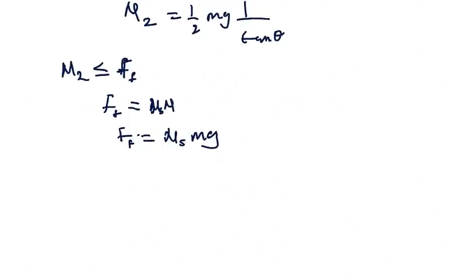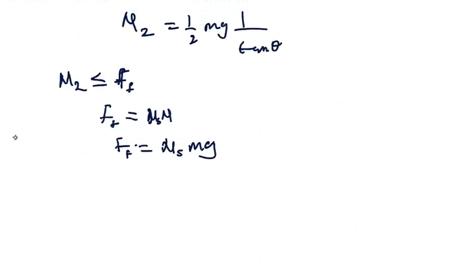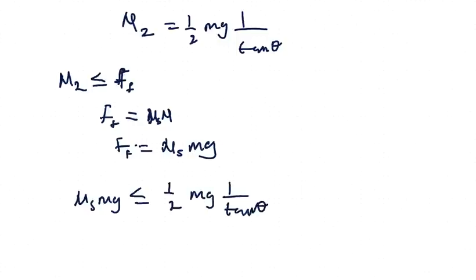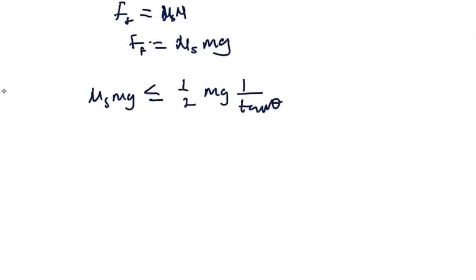And since we have this expression for n2, then we can write that for the ladder not to slide, mu s mg must be less than or equal to half mg times 1 over tan theta. We can cancel the mg, and we have mu s to be greater than or equal to 1 over 2 tan theta.